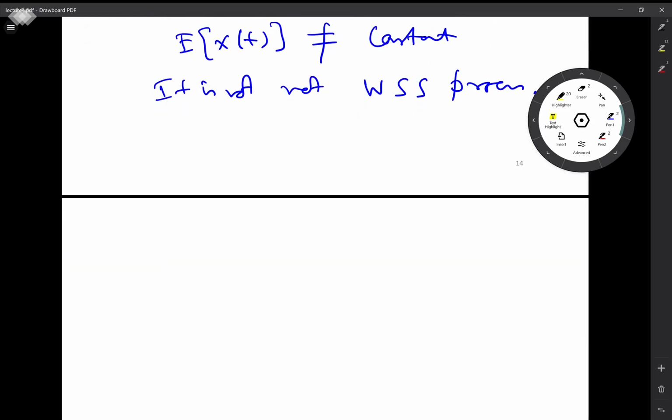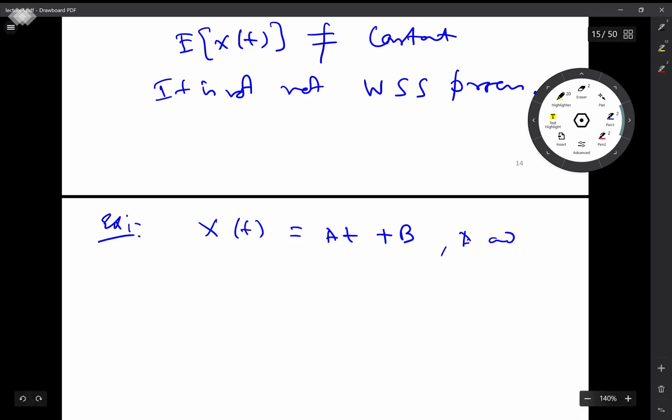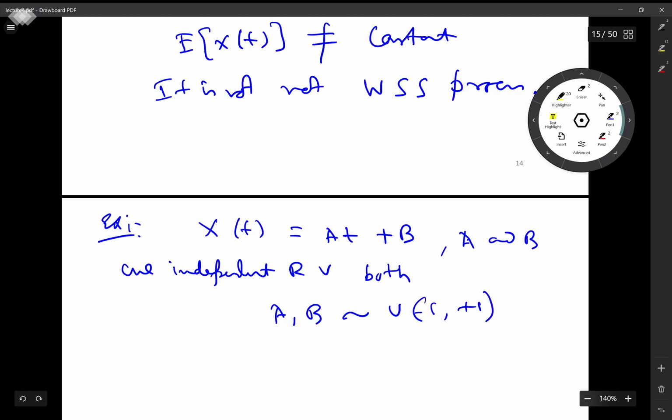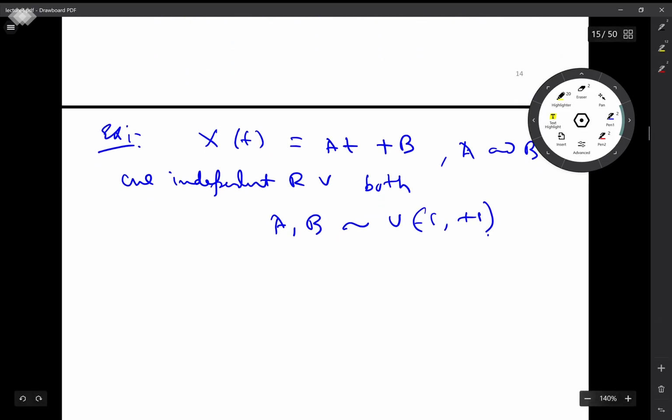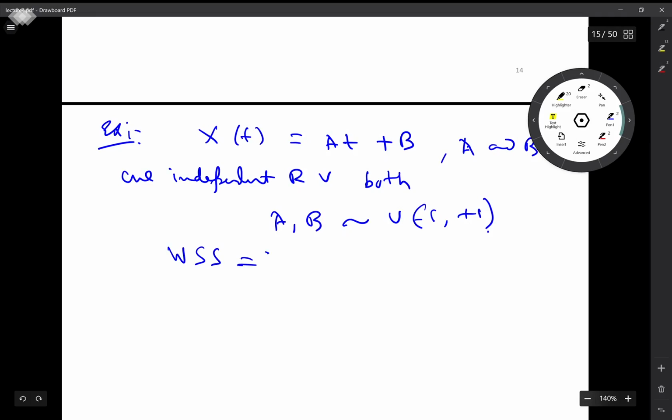Let's take another example: let X(t) equal At plus B, where A and B are independent random variables, both following a uniform distribution of −1 to +1. Is this WSS or not?